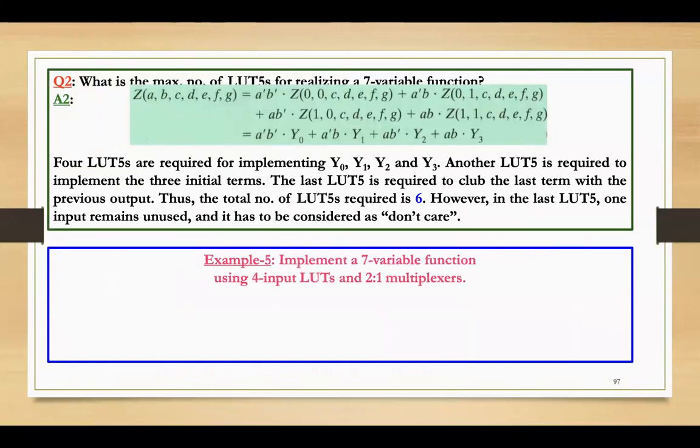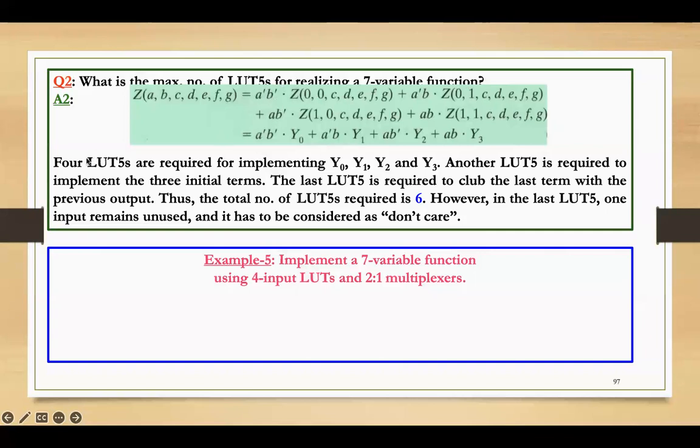So ultimately, what are we understanding? What is the maximum number of LUTs for realizing a 7-variable function? If I have a 5-input LUT, I'm falling short by 2, so I should take A and B outside.